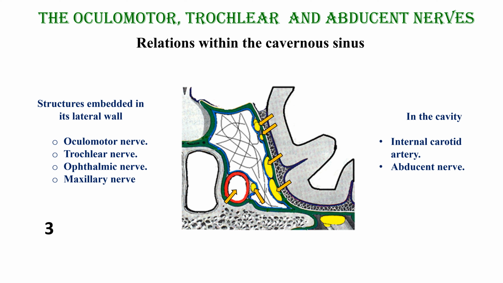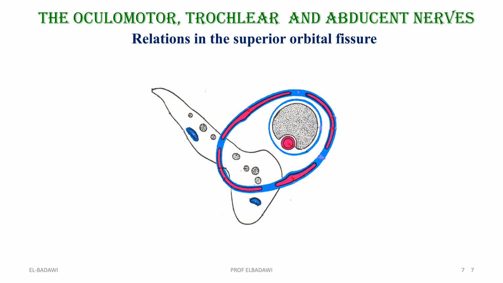Now they leave the cavernous sinus to enter the orbit through the superior orbital fissure. That is the diagram of the superior orbital fissure, where they are arranged either outside the tendinous ring, this is the tendinous ring, giving origin to the four recti, the medial, the lateral by two heads, the superior and the inferior recti. This is the optic nerve and the ophthalmic artery.